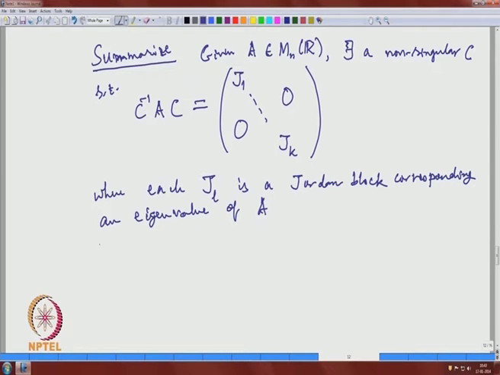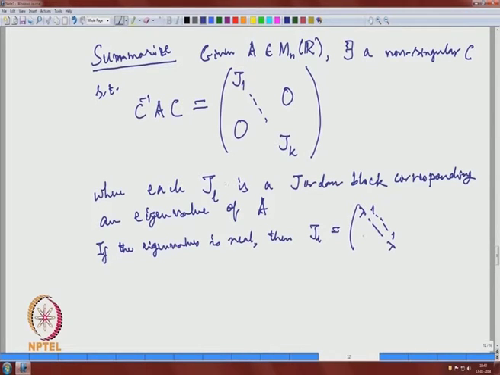Okay. And if the eigenvalue is real, then J l will be very simple, lambda on the diagonal and 1 below it, and each J l might contain several blocks.